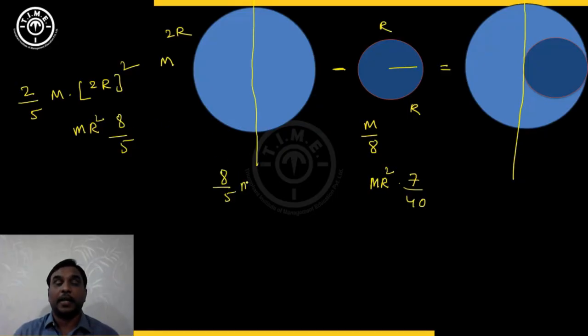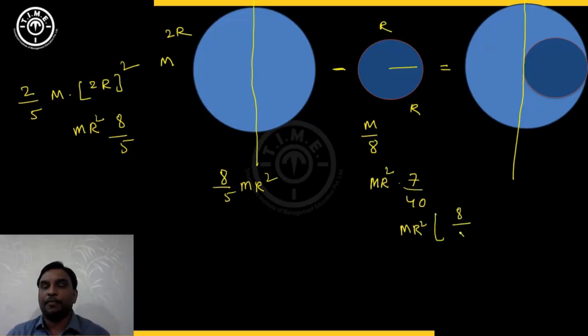To get the rest part, I calculate the moment of inertia of the bigger sphere minus the moment of inertia of the smaller sphere. Because it is a scalar quantity, you can subtract directly. You are left with the rest portion. How much is that? Subtract them. M r square, if I take common, 8 by 5 minus 7 by 40.